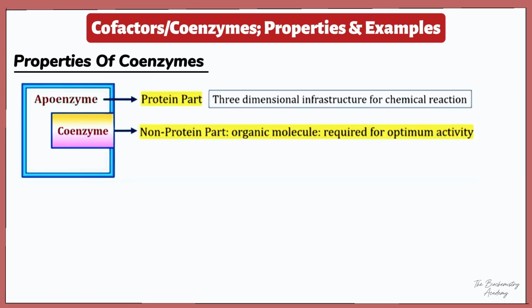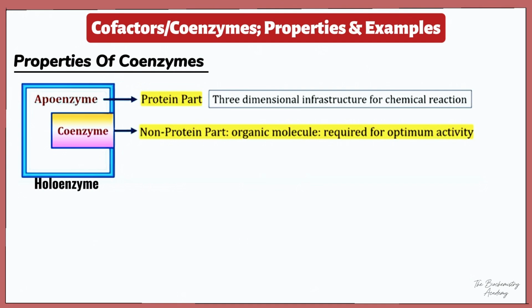This apoenzyme is the protein part of this holoenzyme, which is responsible for the 3D infrastructure for the chemical reaction. And the coenzyme is the non-protein part, but organic, which is required for optimum activity of the enzyme. Therefore, apoenzyme plus coenzyme equals holoenzyme.